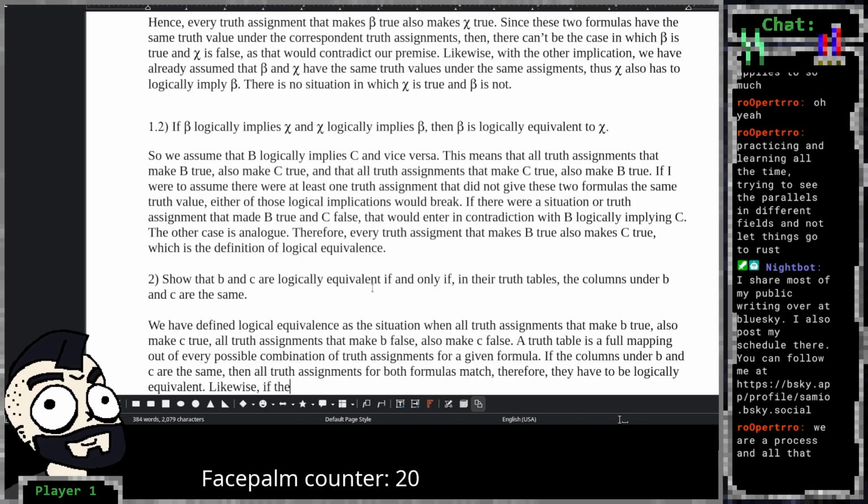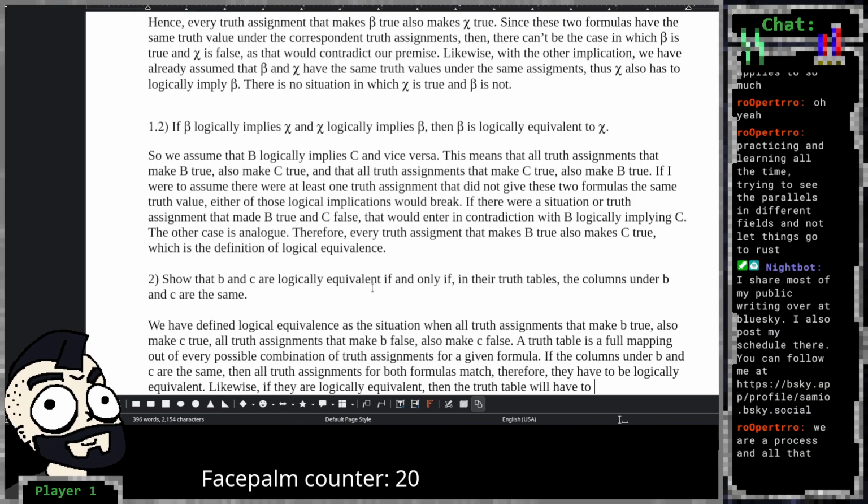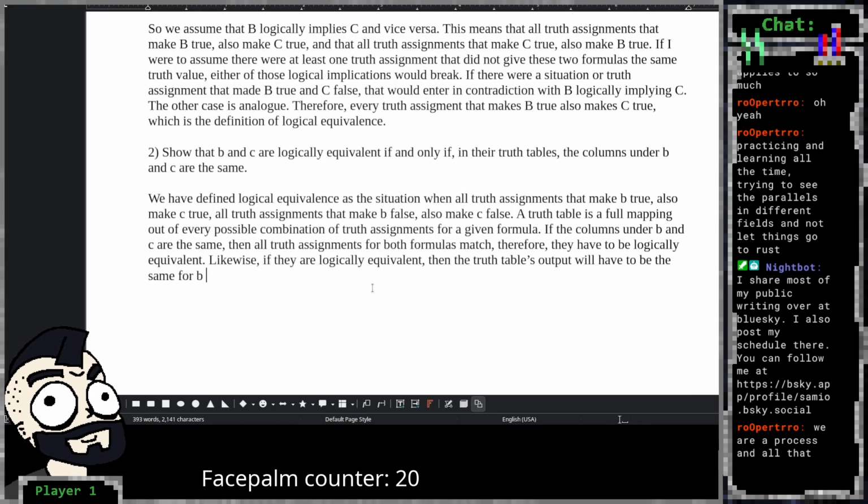Likewise, if they are logically equivalent, then the truth table's output will have to be the same for B, beta and chi. Very simple. We just need to explain what each of these terms mean.